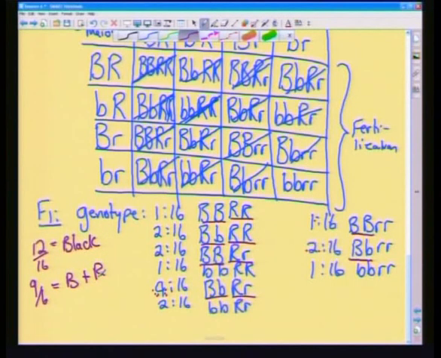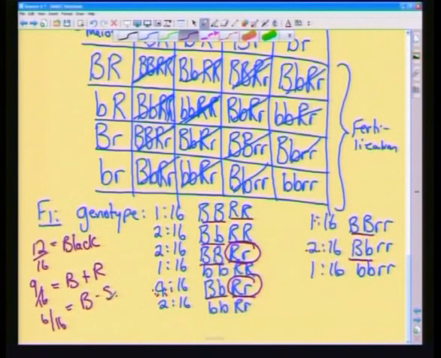All right? Then we have to look at those that are going to be black with a smooth coat. So there's 1, there's 2. So that's 6. 6 out of 16 are going to be black with a smooth coat.